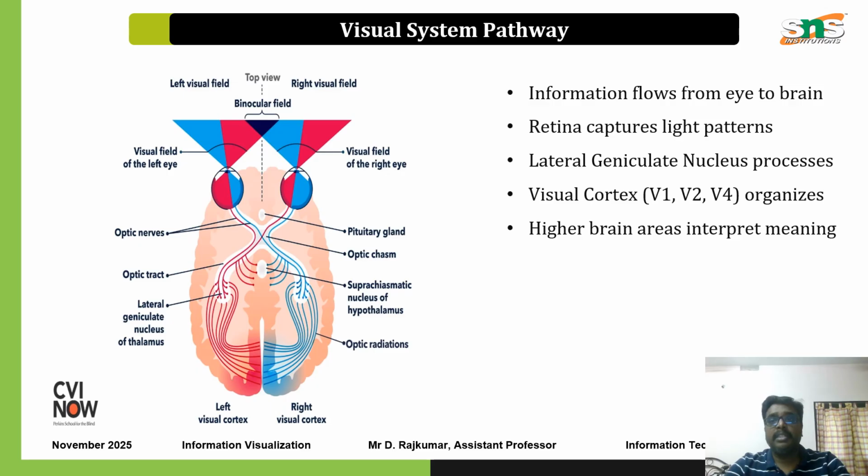How it works is that the information flows from the eye to the brain. The retina captures the light patterns. Next, the lateral geniculate nucleus processes it. Next is the visual cortex, that is V1, V2 and V4, which organizes all this information, and the higher brain areas collect it, take the already perceived information, and help us come up with a better interpretation of meaning. How can I identify an apple?